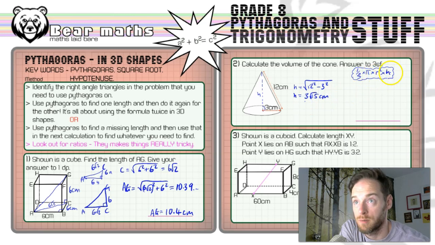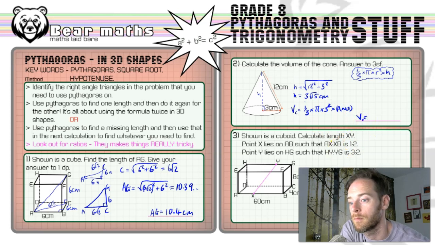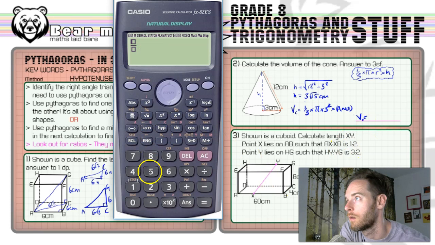Okay, and then we substitute that into that formula. So the volume of the cone equals 1/3 multiplied by pi multiplied by the radius, which is 3, so 3 squared multiplied by the answer. Alright, and then the volume of the cone equals, let's find out.